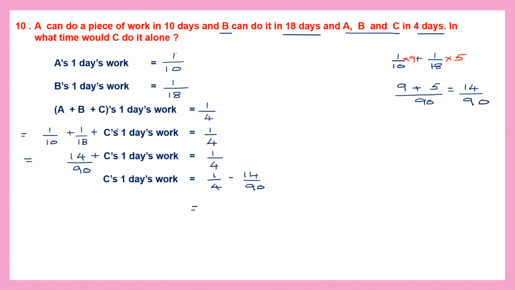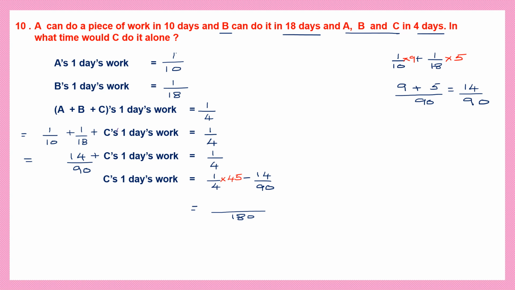Now here the LCM of 4 and 90 will be 180. So let's write that 180. Now here at this step, you can even reduce this to the lowest term, or you can leave it as it is. Now 4 into 45 is 180.